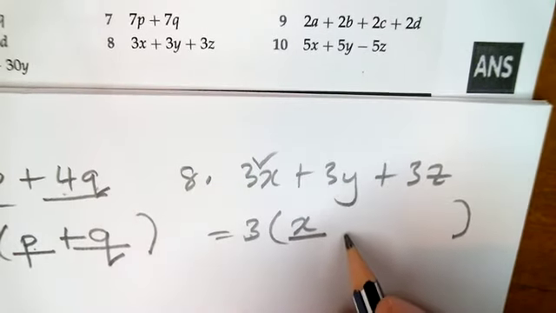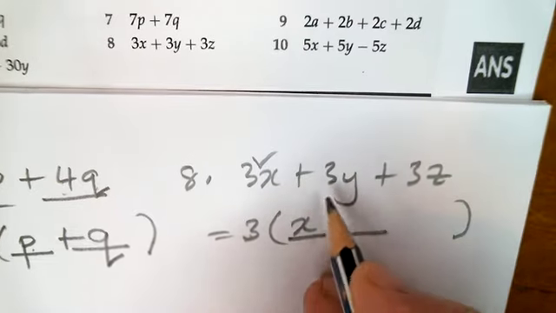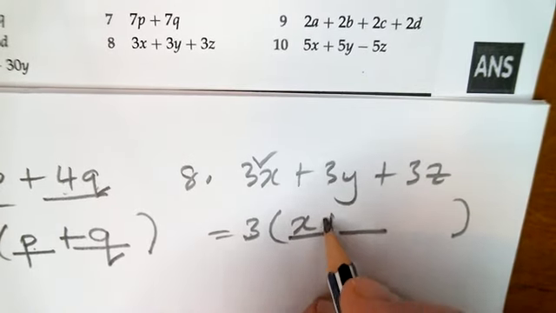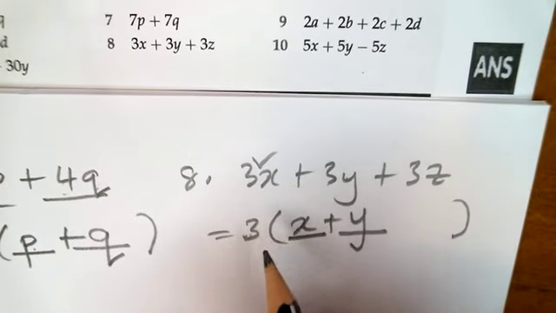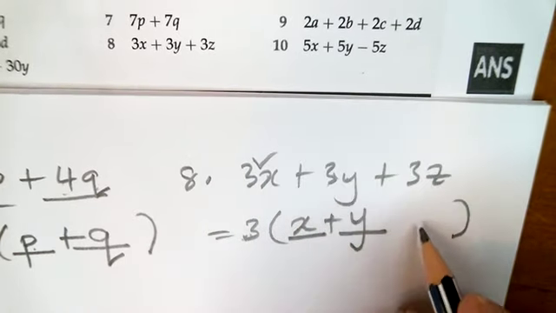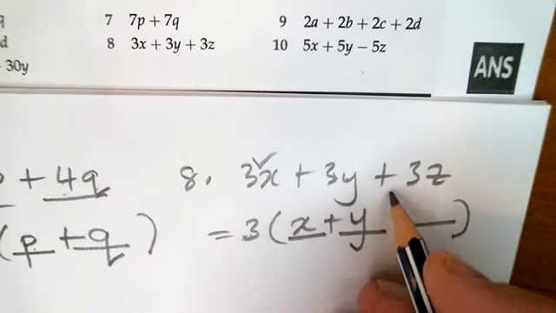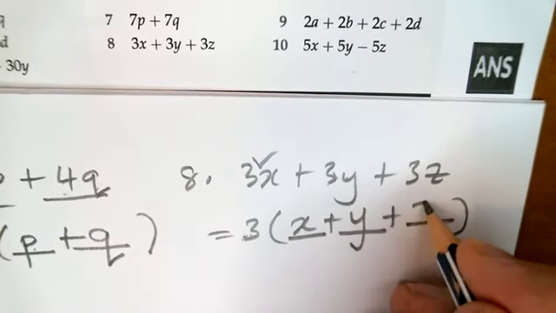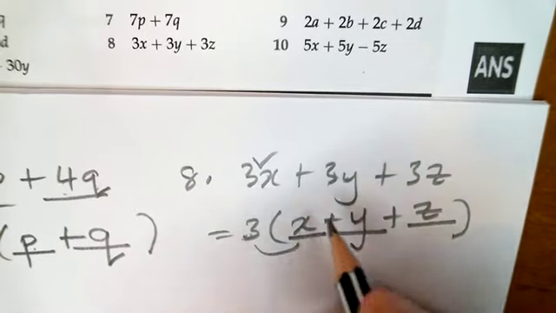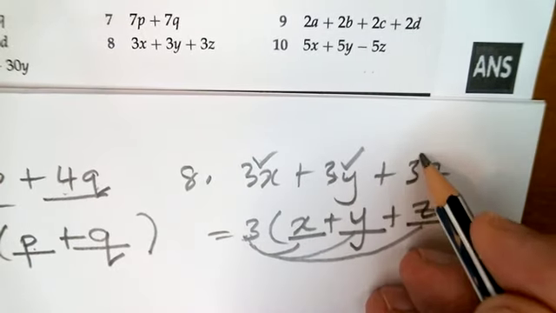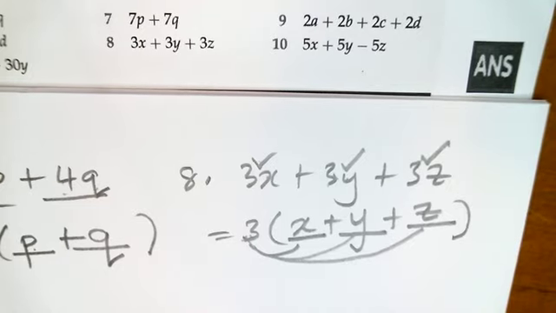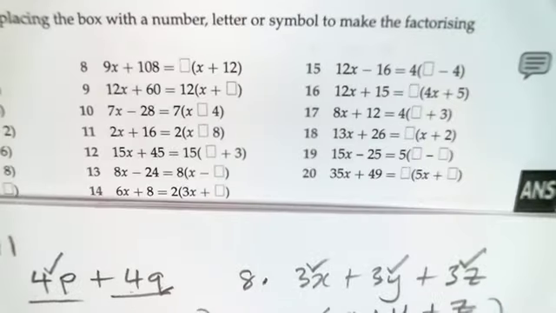And what times 3 makes plus 3y? Well, plus y. And something times 3 makes 3z. Well, that must be plus z. Let's check it. 3 times x is 3x, 3 times y is 3y, 3 times z is 3z. And we're winning. All right, let's look at the next bit.